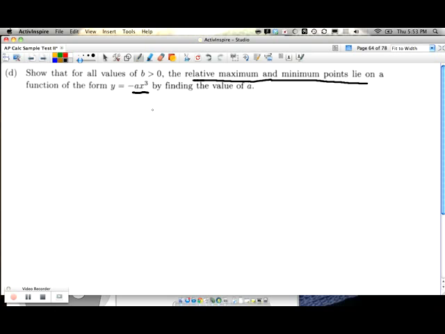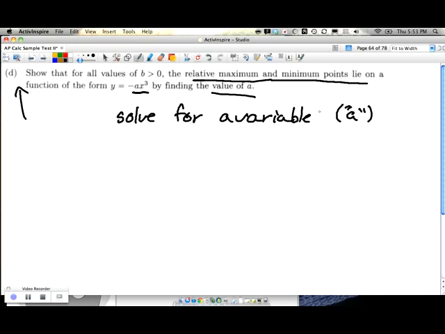So we're trying to find the value of a in part D, and you're asking yourself, if I need to solve for a variable, in this case a, then I need the other values, which are x and y.